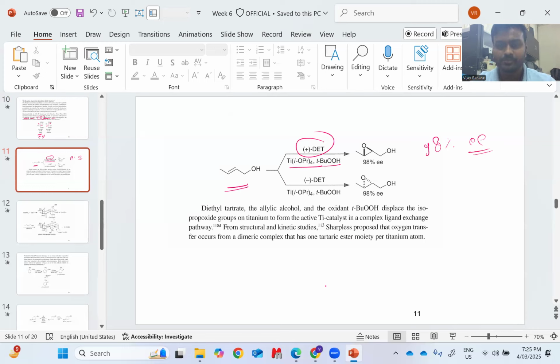And if you use the minus diethyl tartrate, in that case we also get 98% enantiomeric excess, but it is alpha directing. If you look at the stereochemistry of this epoxide, in the first case, when you use plus DET, it gives the beta directing epoxide, and in this case it is the alpha directing epoxide. So you can see we are able to get the stereoselectivity in such cases as well.